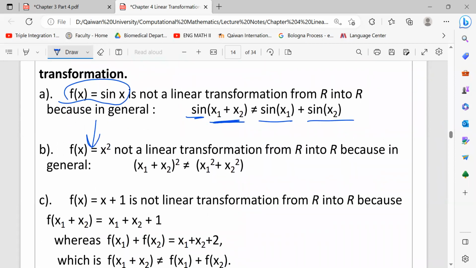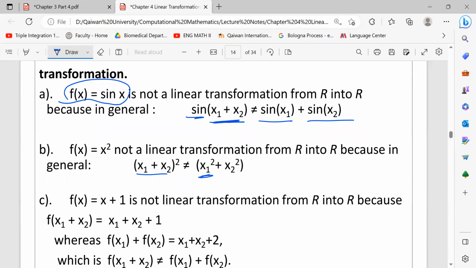And even x squared is not a linear transformation. Because if we pick x1 and x2, f of x1 plus x2 must equal f of x1 plus f of x2. But here it doesn't equal. The image of x1 plus x2 is x1 plus x2 squared.